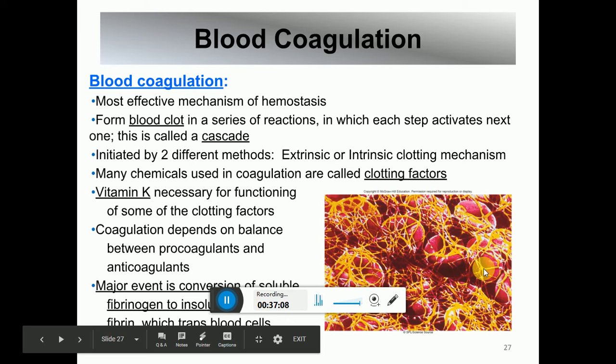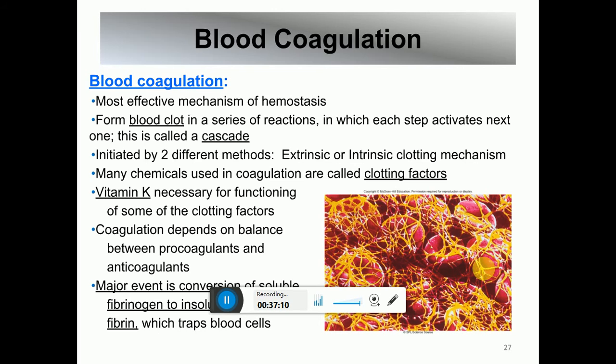In order to form a blood clot, there are lots of steps involved, and it's more of a cascade of events. It's kind of like a domino effect. If you've stimulated the very first step of blood coagulation, you will find that all of these steps happen in order until eventually a blood clot is formed.